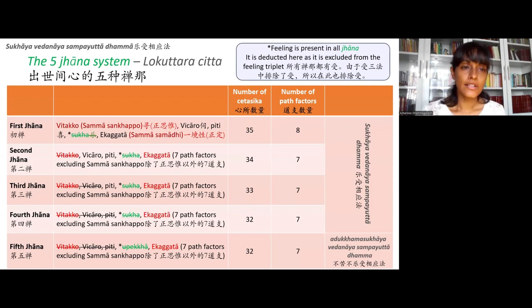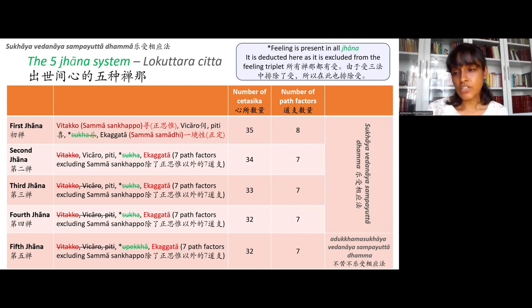Now, this table classifies the Lokuttara Chitta according to the 5 jhana system. So, the first column gives you the jhana, the second column gives you the different jhana factors that you find arising together with this consciousness. And in the third and fourth columns, you see the number of cetasika and the number of path factors that we get according to this Vedana Tika.